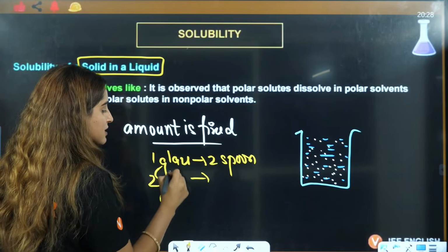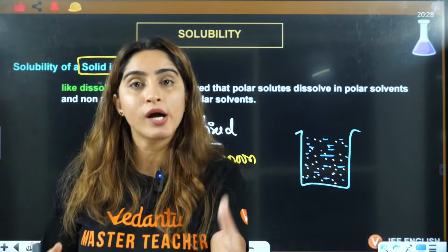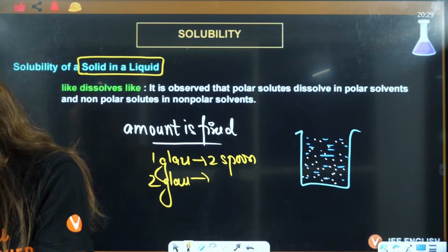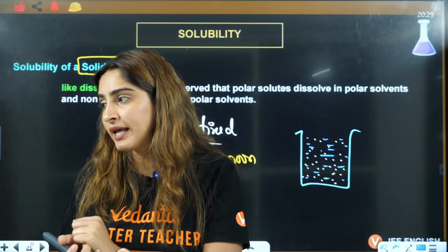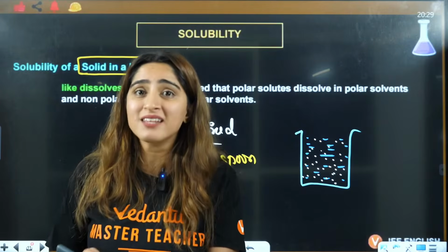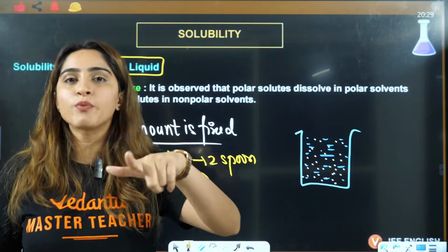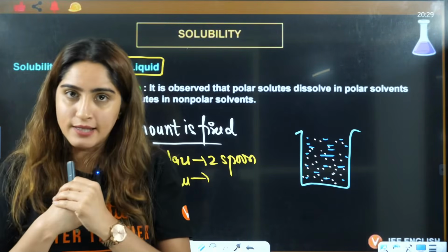In 2 glasses, will the amount of sugar that you dissolve increase or decrease? Tell me, everybody. Yes, it will increase, right? Because the amount of solvent has increased, that's why the amount of solute dissolved will also increase, right?